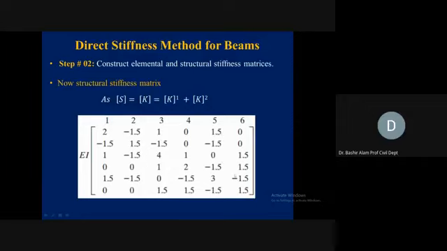This is 5, 5. This is 5, 5. And you see it is 3. So this is how the structural stiffness matrix is generated by adding the K1 and K2. So it's exactly the same procedure we did in case of the pin jointed frames.